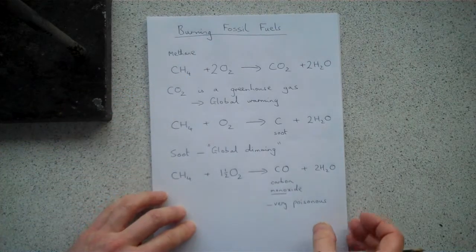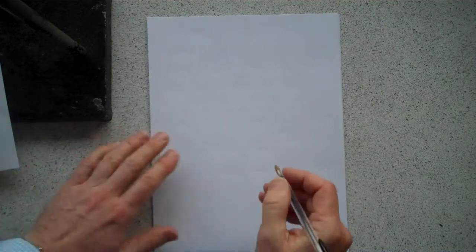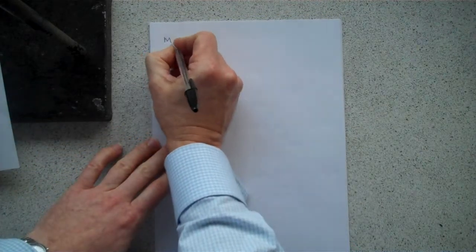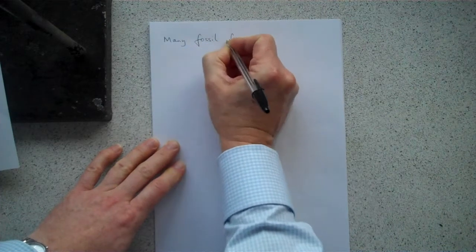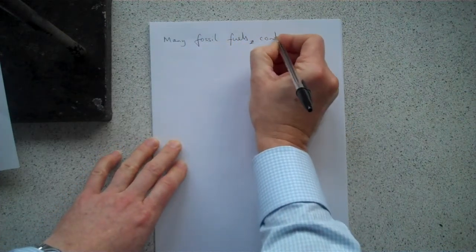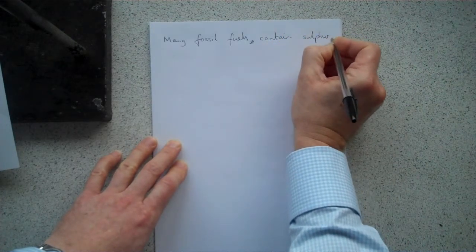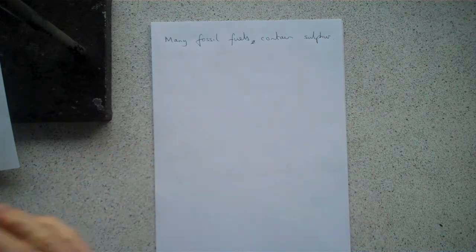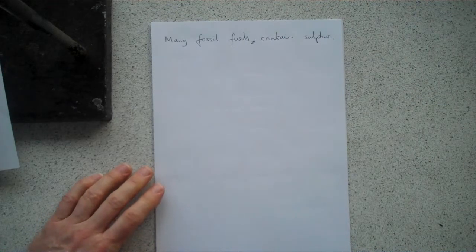However, as if that isn't bad enough, there's one other major problem, and that is that many fossil fuels, and the worst culprit is coal, but it applies to all of them, many fossil fuels contain sulfur. When you've been to a petrol station, perhaps you may have pulled up against one of the petrol pumps, and alongside the diesel pump, it sometimes says low sulfur diesel.